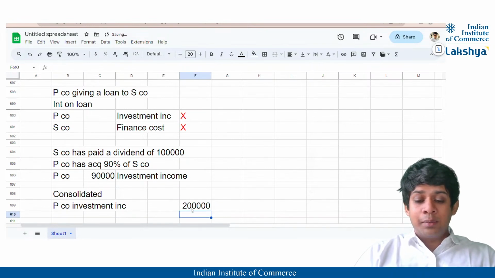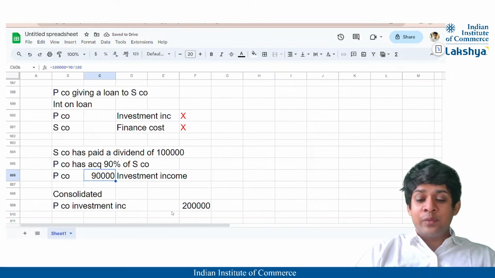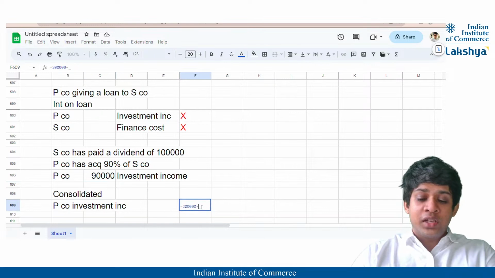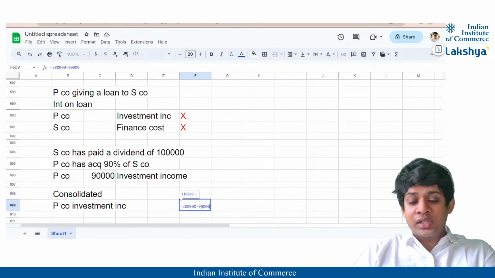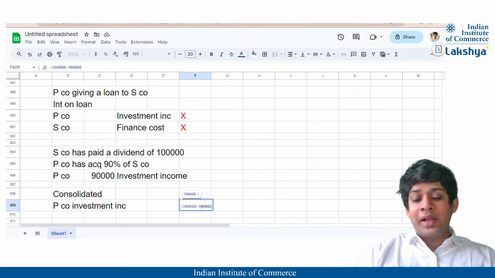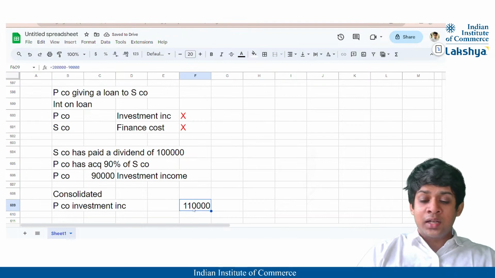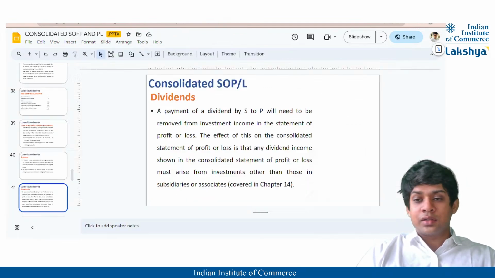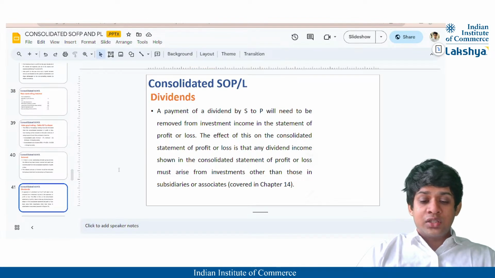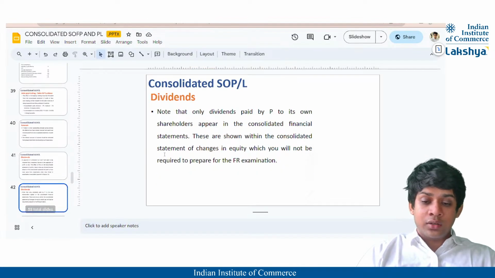From this 2 lakh, 90,000 is the dividend received from the subsidiary, so we subtract 90,000 because that is the payment of dividends made by the subsidiary. That is eliminated, and the investment income is reduced by 90,000, ending up at 1,10,000. So that is the adjustment required for dividends.